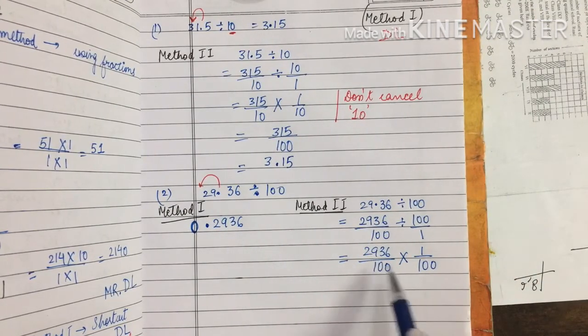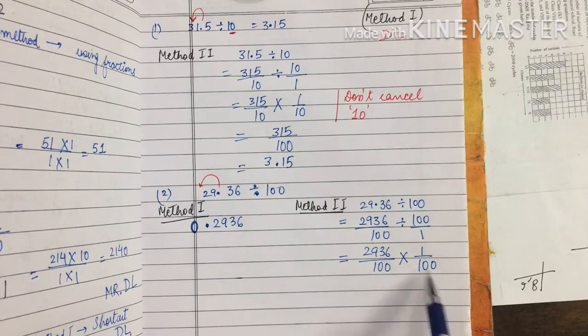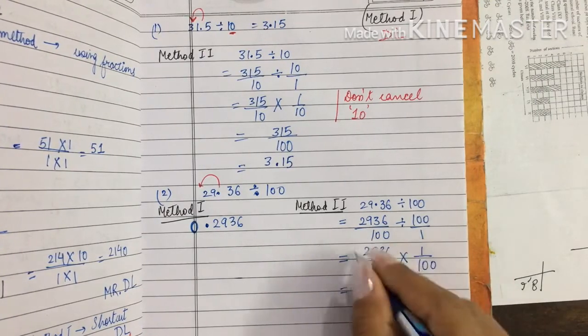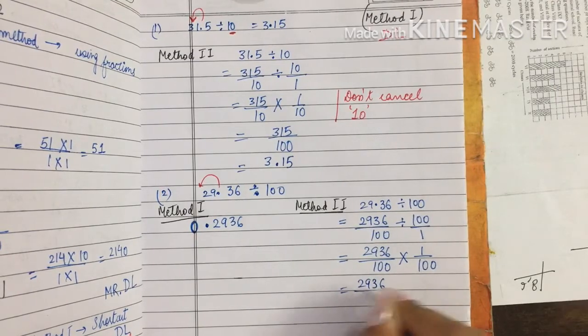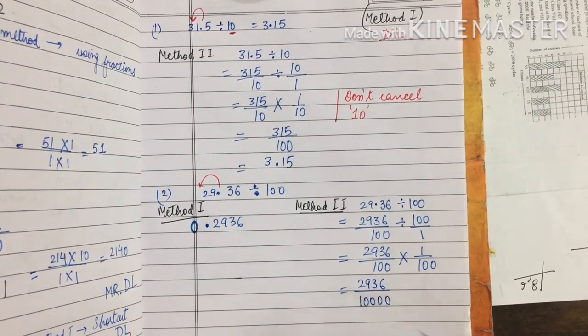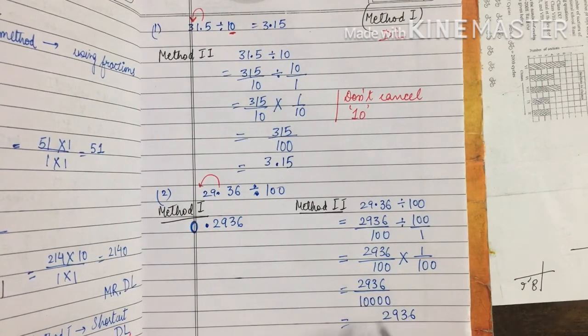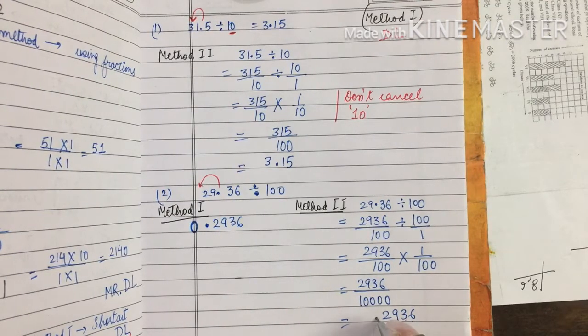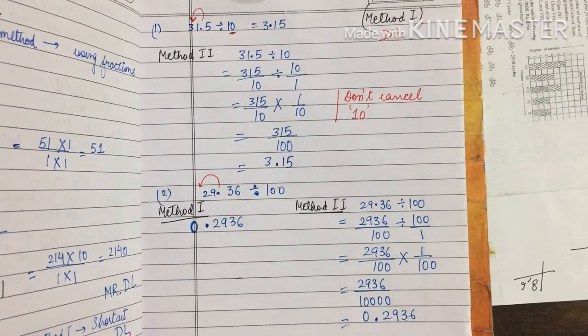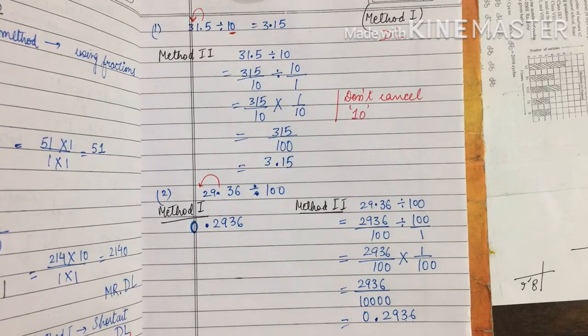Now again you might get tempted to cancel this because both can be divided by 2, but don't cancel. I want to use these hundreds as such without cancelling them. From the numerator, 2936 over 100 into 100 will be 10,000. Now use these zeros to put your point back. 4 zeros, count 4 digits from the right side and then put the point back. 1 2 3 4, the point will be here. Empty place filled with 0. So the answer is the same in both cases.